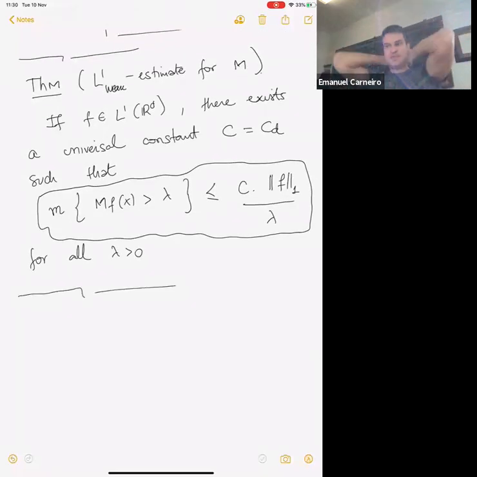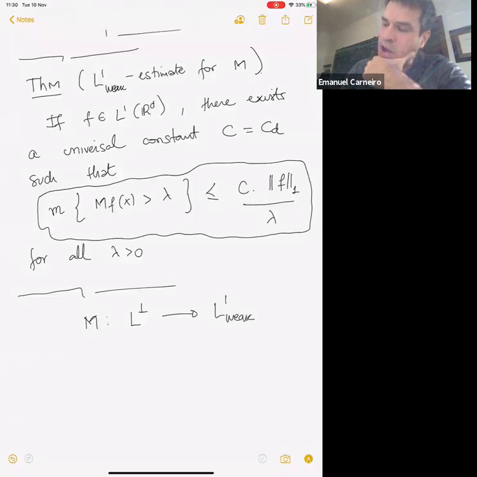Okay. So this is a way of saying that the Hardy-Littlewood maximal operator M maps L1 into L1 weak boundedly.